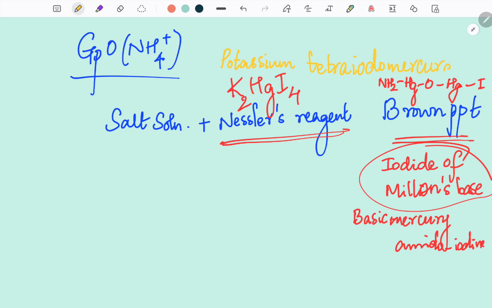That is the chemical name. There are four iodines, that is why we are writing tetraiodo, and there is mercury, which is why there is mercurate, and because there is a potassium ion, we are writing potassium. So that is the chemical name of Nessler's reagent. This is the first confirmatory test.